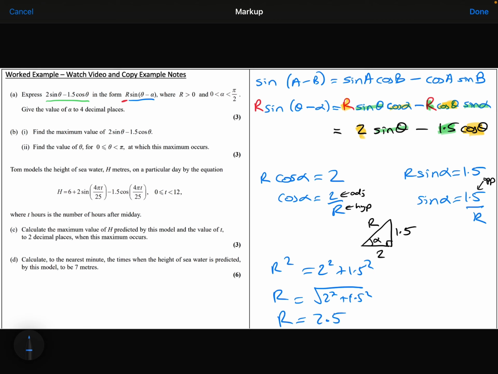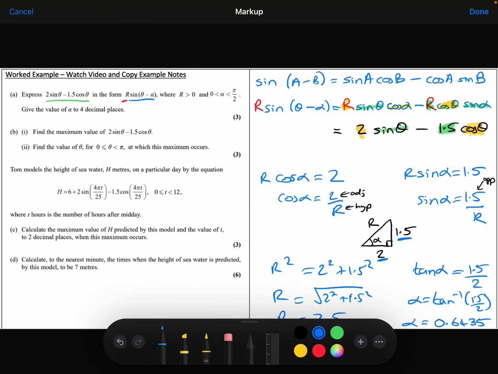It also allows me to work out alpha, and there are different ways you can do this, but I'm going to do tan. Tan alpha equals the opposite, which is 1.5, divided by the adjacent, which is 2. If I do tan inverse of both sides, then I find that alpha to 4 decimal places is 0.6435.